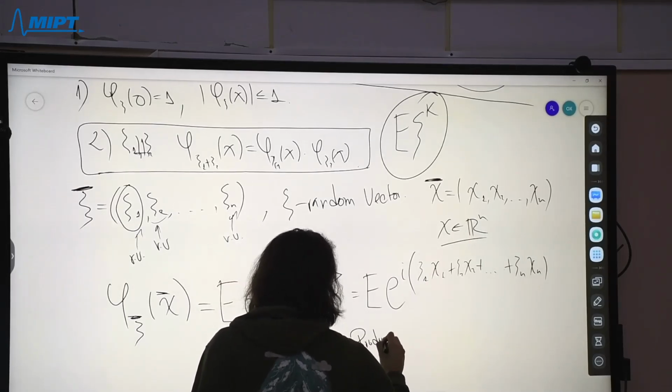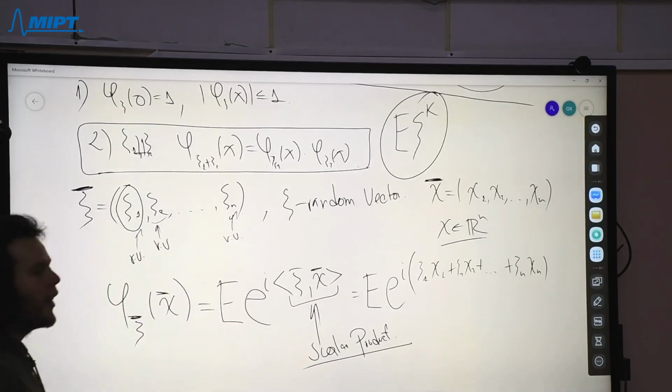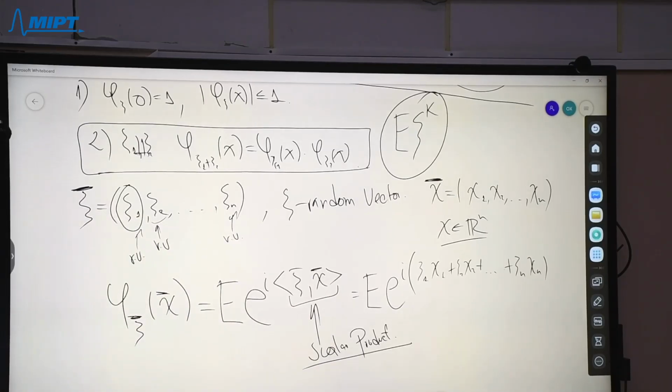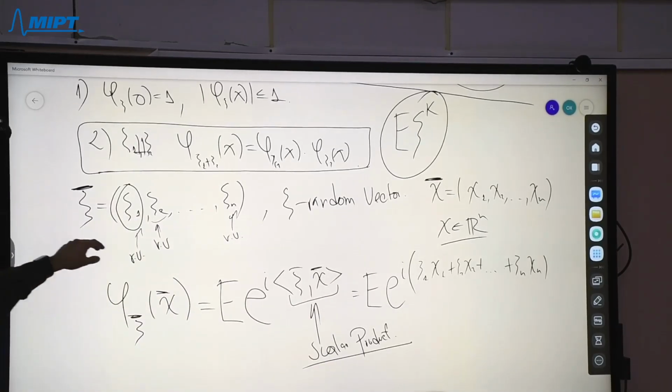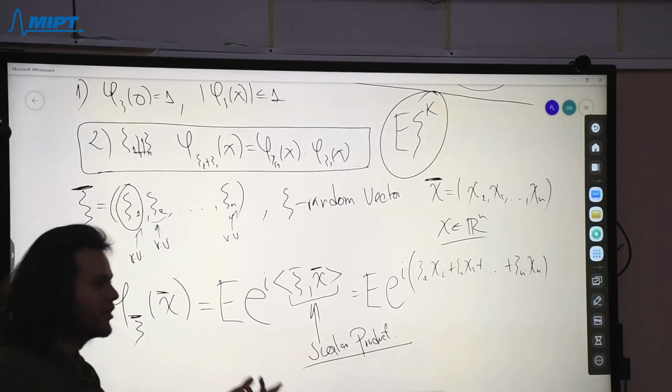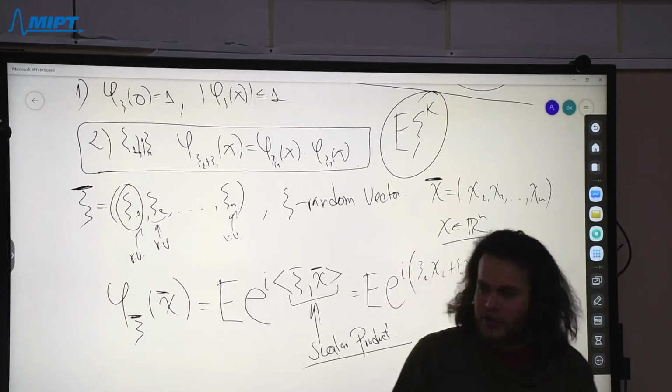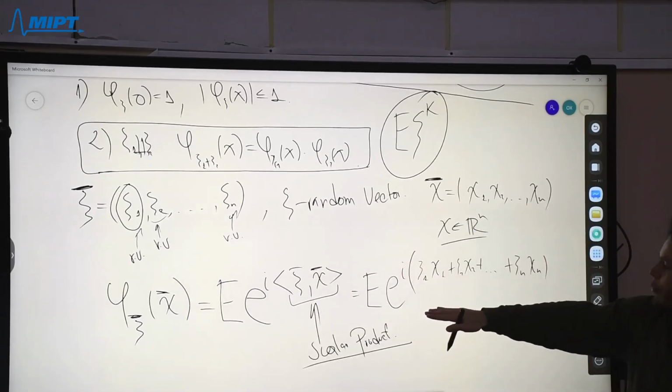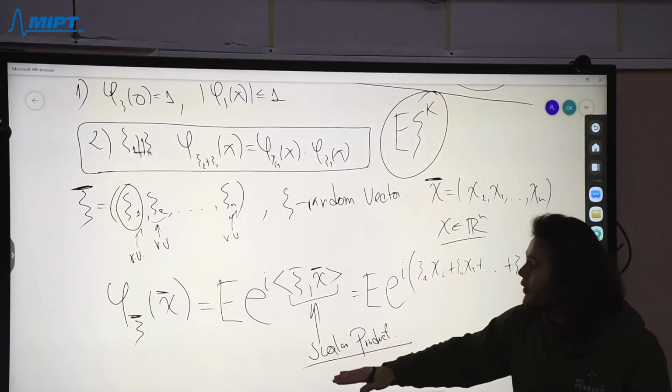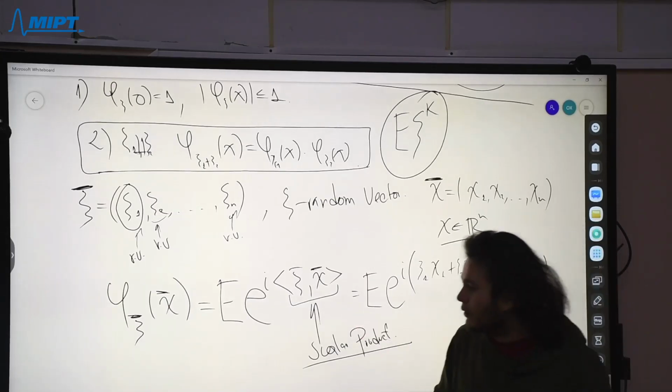So this is the way we defined the characteristic function of a vector, right? So before we had random variables, we knew the characteristic function of a random variable psi, and now we know how we can define the characteristic function of a vector, right?